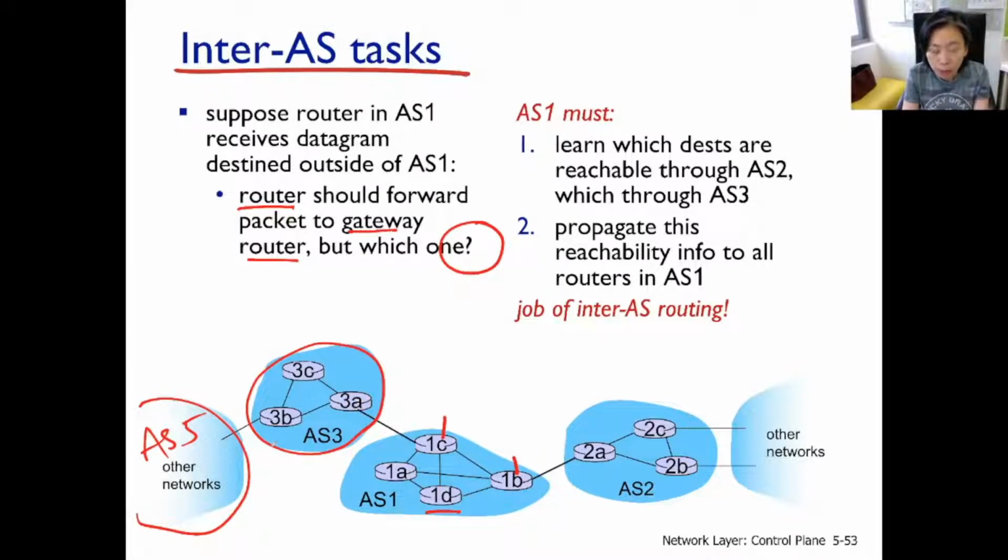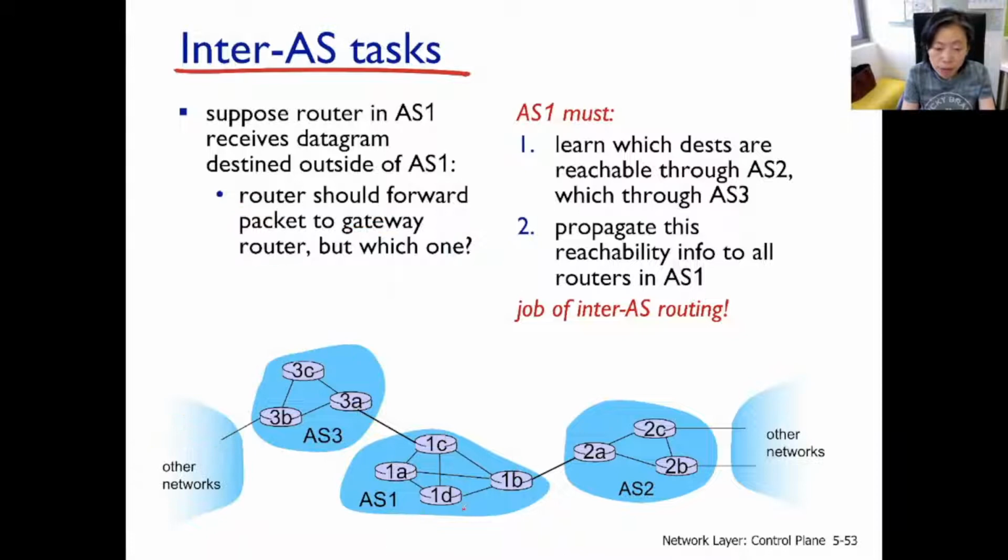This is also saying that even though these routers are internal, they participate in intra-AS routing. They do not participate in inter-AS routing, but they still need to know the shortest AS path to these destination ASs out in the world.